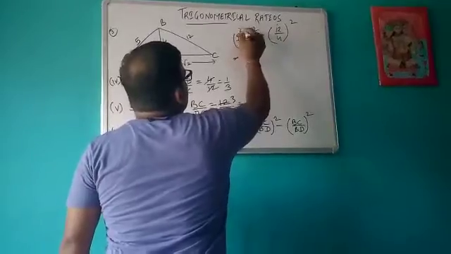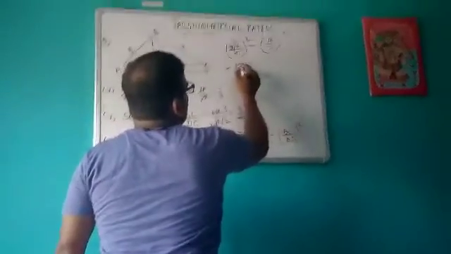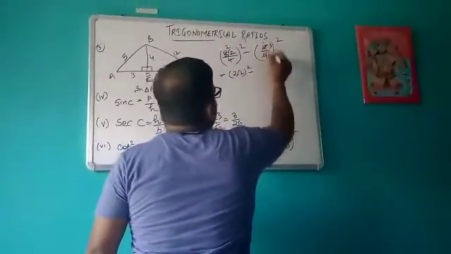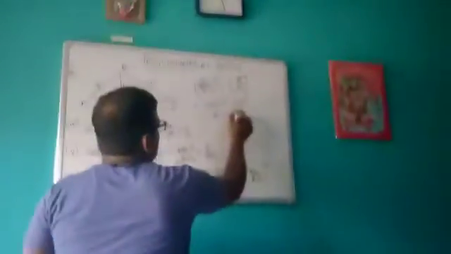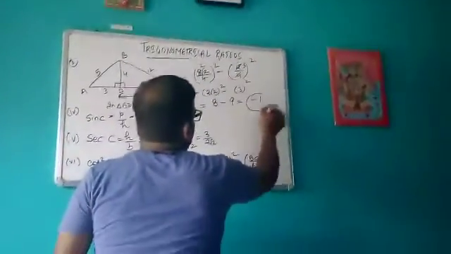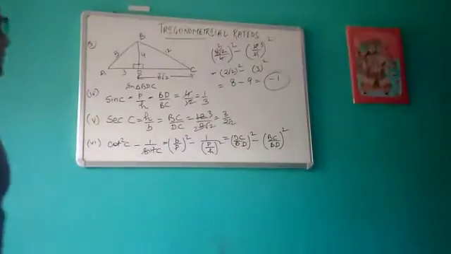So it is 2 root 2 whole square minus 3 square. And what is 2 root 2 whole square? 8 minus 9, that is minus 1. So that will be your answer.